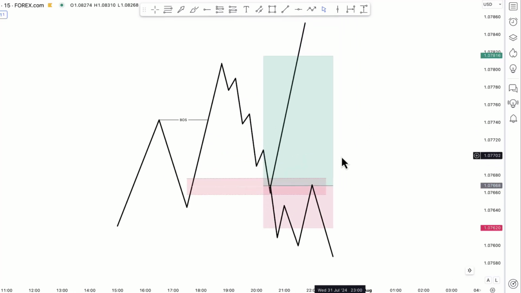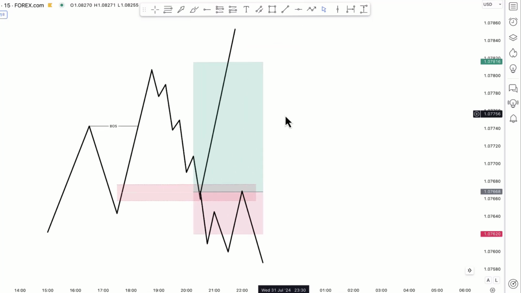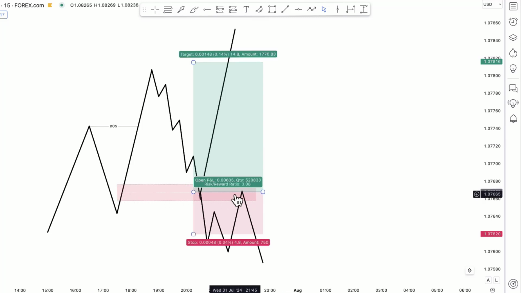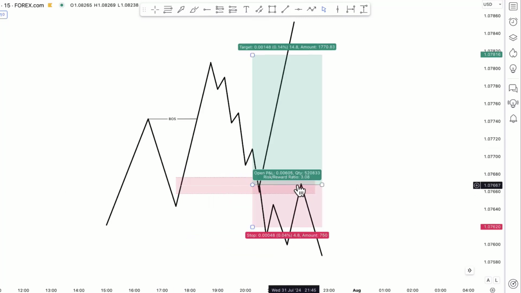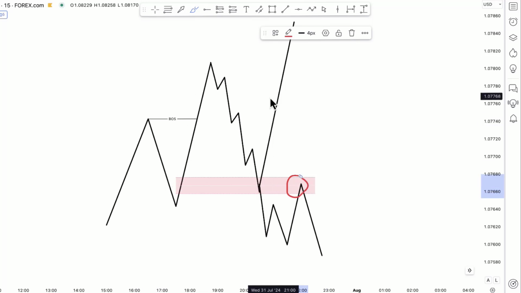You remember your resistance turns support and support turns resistance, the olden price action trading system. All right. So this fair value gap will now act as a very important level for us to sell. So we call it an inversion fair value gap. It's the inverse of the conventional fair value gap we were supposed to have.